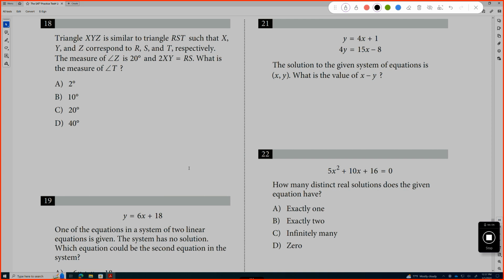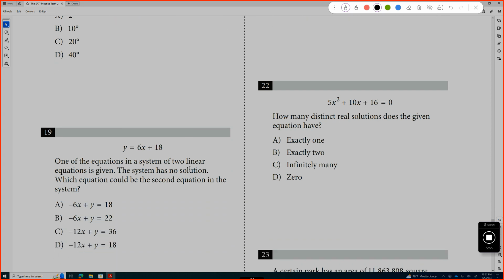And then I'll show you the choices for 19 and do 20. As you can see, y equals 6x plus 18. So we cannot use 18 as the y-intercept. We cannot use 12 as the slope.